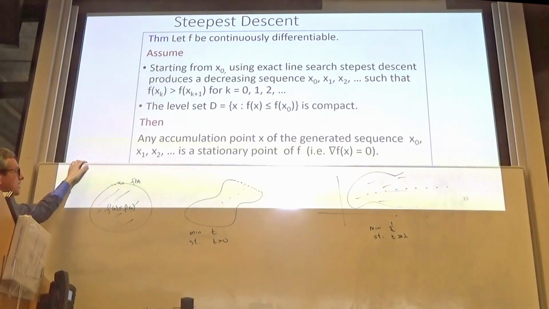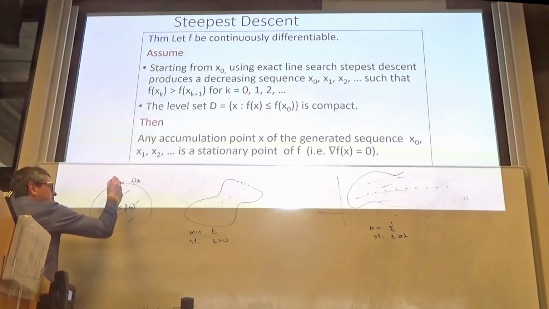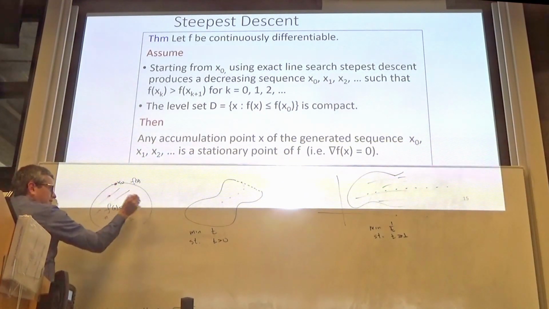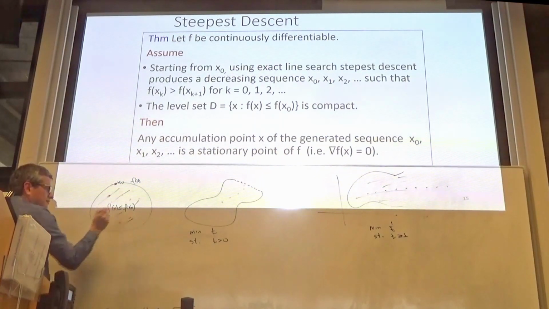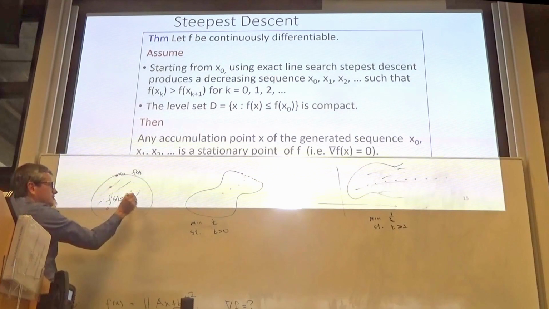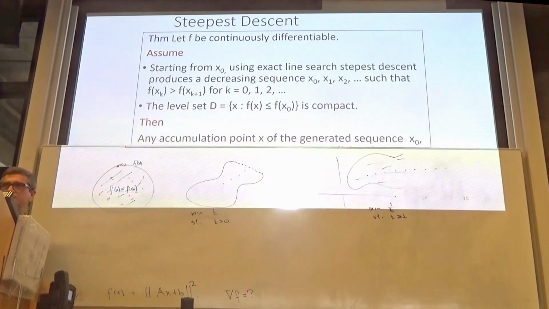Now, if you have your level set and you start at x0, you start running and generate points inside this set. It could be really crazy, depending on the function that I'm using. It could look like it's not converging.